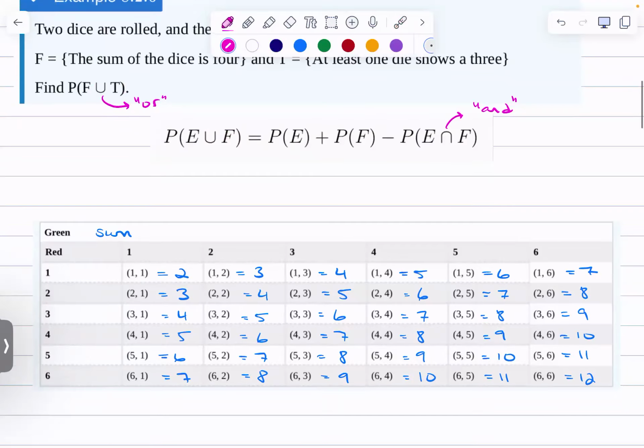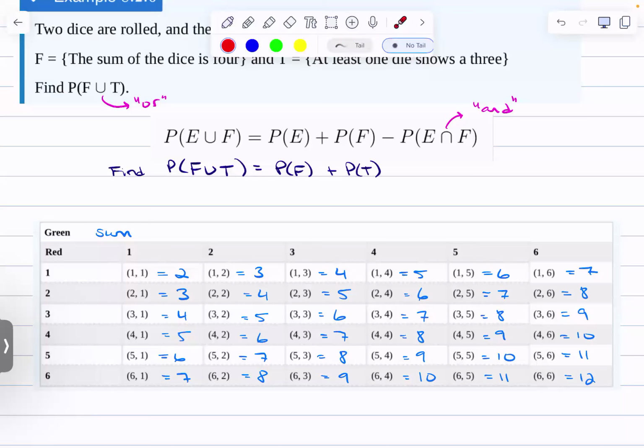So we want to find the probability of F or T. And how we're going to do that is we want the probability of F plus the probability of T. Notice that it's just the first one and then the second one minus the overlap, right? And so probability of F and T.